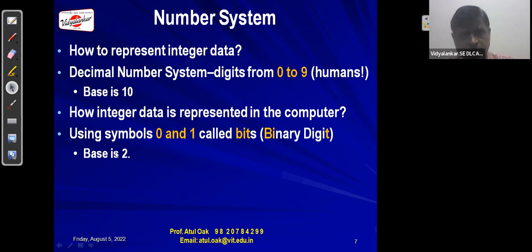I repeat, point 4: humans use 10 symbols or digits called the decimal number system, and computers use two symbols called the binary number system to present data.